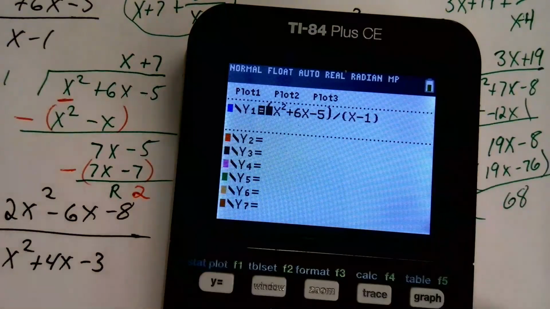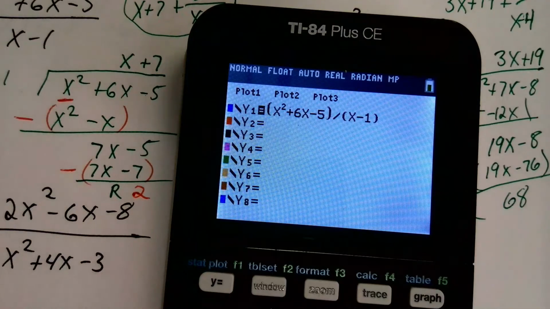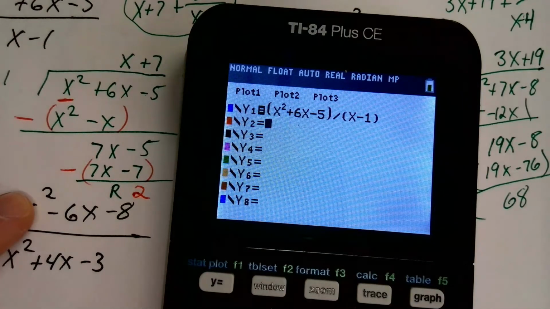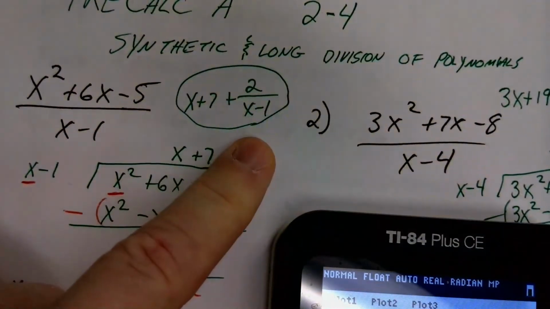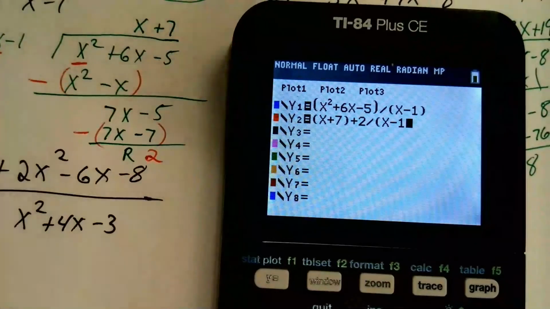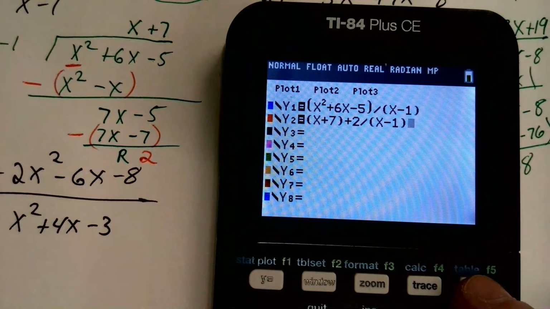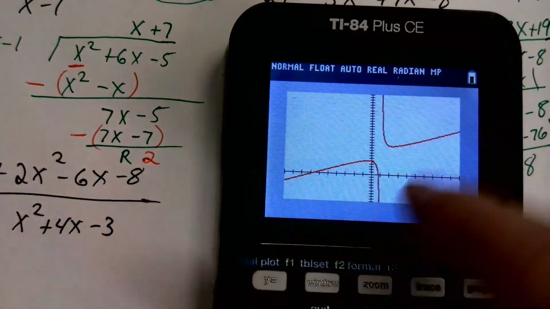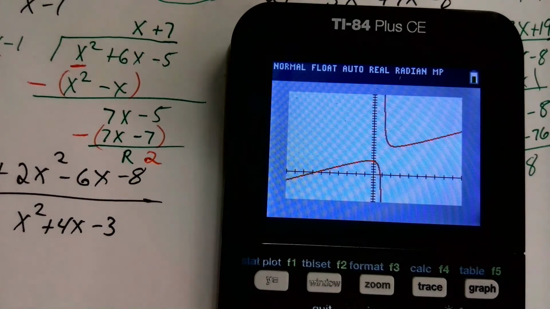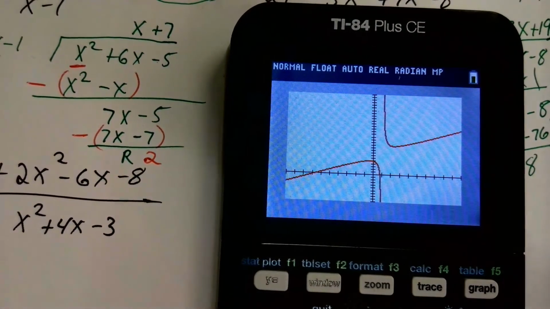Now, we did this division, so this also should be true: parentheses, x plus 7, close parentheses, plus 2 divided by parentheses x minus 1. That's what we got when we did this division. If I do that, you can see that they're identical. So I did the division correctly. So you can always check to see if that works. Is everybody good with that?